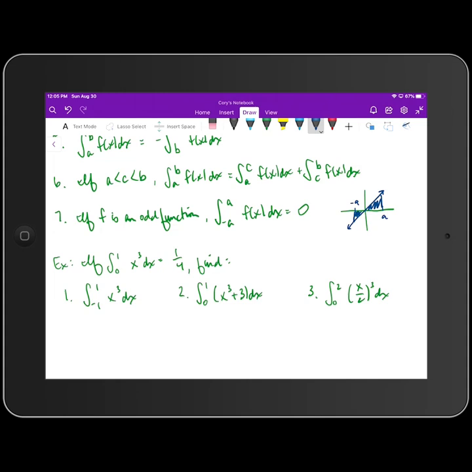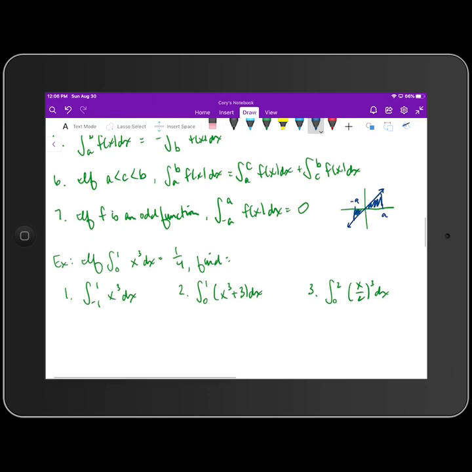And then in number 1, we're asked to find the integral from negative 1 to 1 of x cubed, which we're integrating with respect to x. So this should be a pretty easy one. When we look at x cubed, I know that x cubed is an odd function. So that just illustrates property number 7. If we take the integral from negative 1 to 1 of an odd function, that integral is going to wind up being equal to 0.